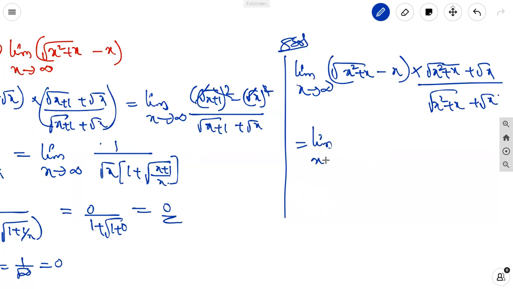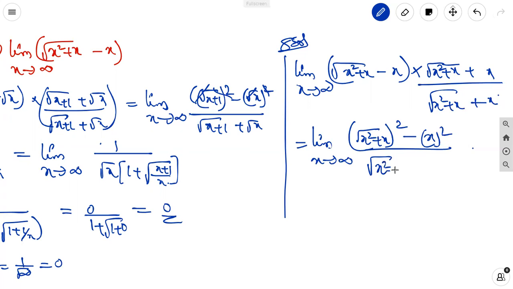Limit x tends to infinity root of x square plus x whole square minus x whole square by root of x square plus x plus x.